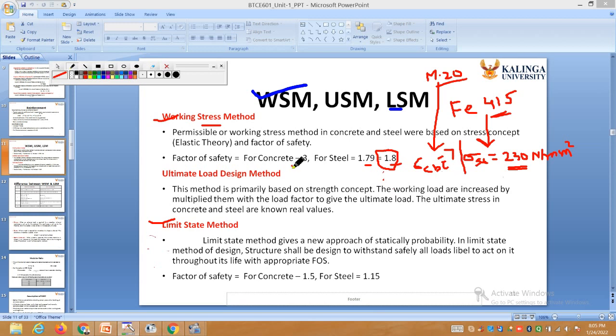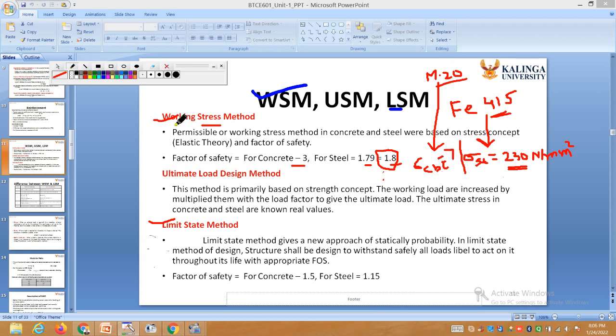So the factor of safety the designer has taken is 3. The actual stress in concrete in bending compression is 20, but the value adopted in design is 7. So the factor of safety is 3.